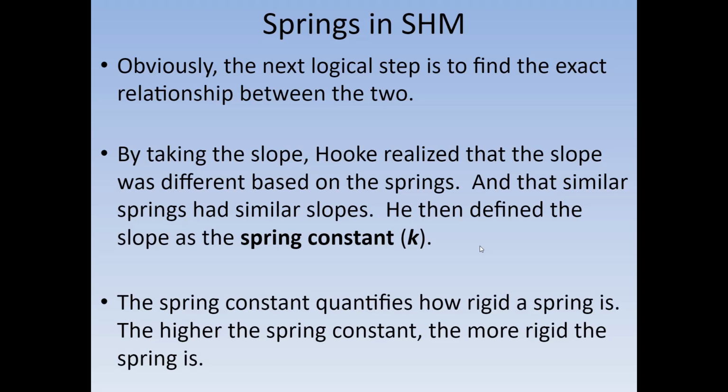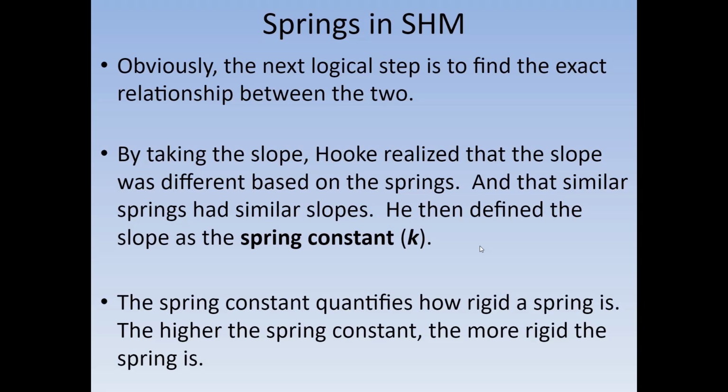Now, I can talk a little bit more about it in detail now that we are talking about force. If you recall, the unit for the spring constant was newtons per meter. Another way of phrasing what the spring constant represents is how much force is required in order to stretch the spring out a meter.